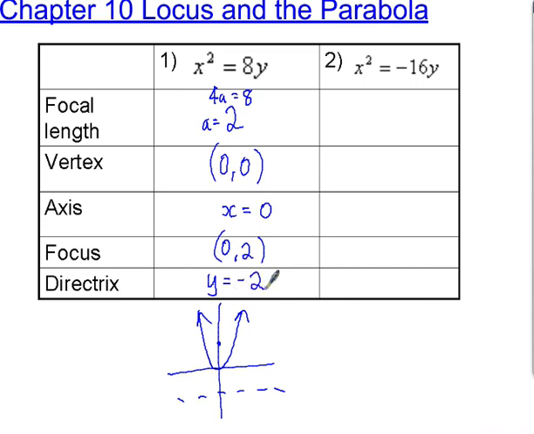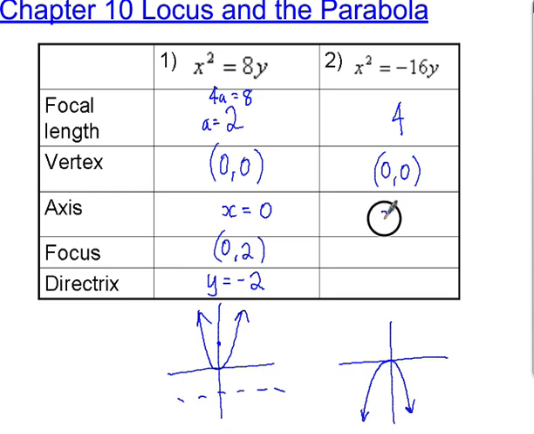Okay. Similarly, we've got another one here, although this time, because it's x squared equals -16y, you know it's concave down. So the focal length will be 4. The vertex will be the same. Would it be negative 4? No, because it's a length. A length's always positive.